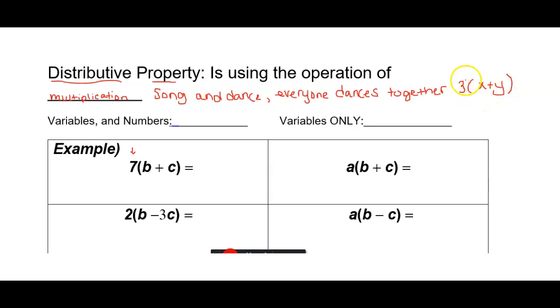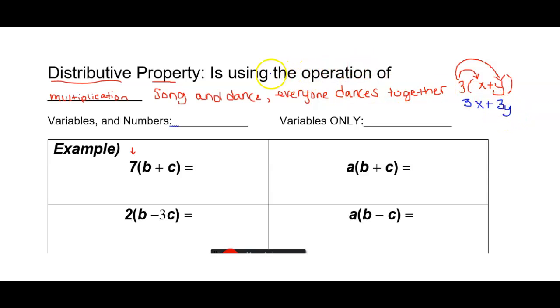Well, what I'm doing is I'm going to make sure 3 dances with x and 3 also dances with y by multiplication. So I would write this out as distributive property as 3x, again dancing, plus 3y.